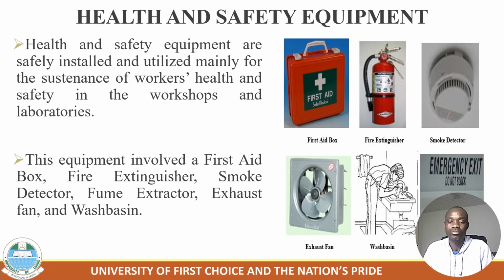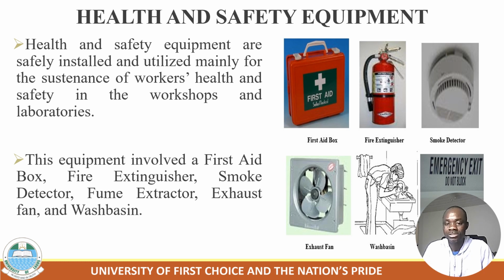Health and safety equipment. Health and safety equipment are safely installed and utilized mainly for the sustenance of workers' health and safety in the workshop and laboratories. What are the health and safety equipment? An example is the first aid box.